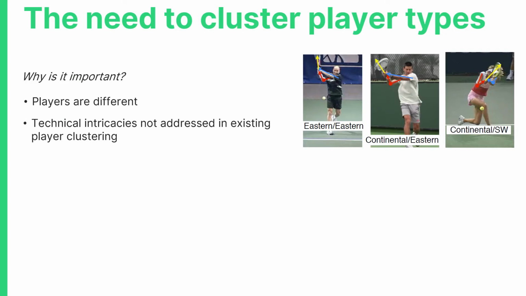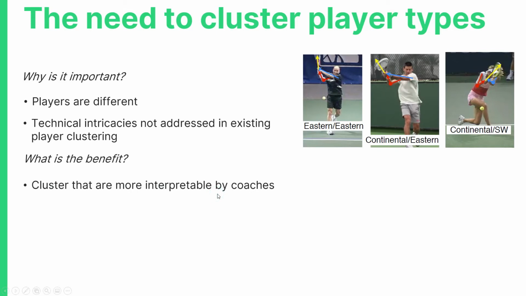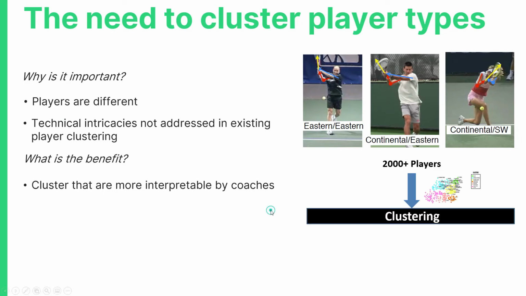So what I wanted to do is to introduce a lot of those technical variables, which I believe will make the clustering more applicable to competitive, high-performance tennis. So what's the benefit? Well, if you're able to incorporate variables that are important to tennis, it's likely to get more buy-in from coaches.